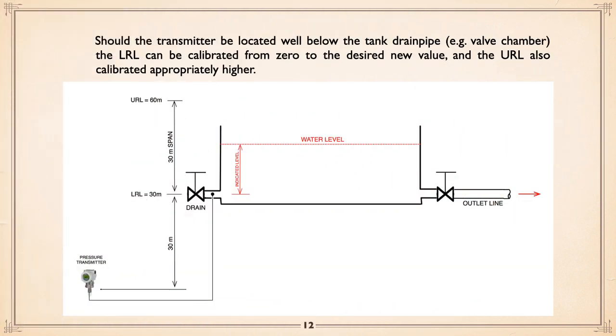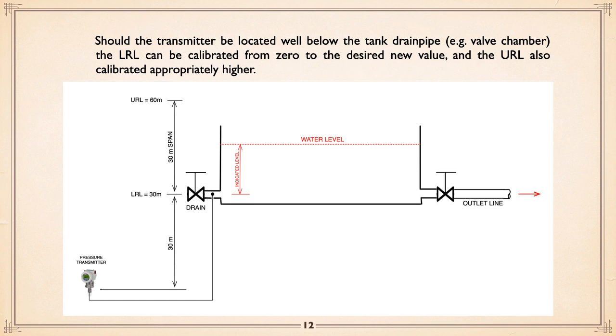Now, should that level transmitter be located well below the tank drain pipe, like in a valve chamber, the lower range limit can be recalibrated so that 0 is not at the pressure transmitter, but 0 is, in this case, 30 meters, which is the elevation of the drain connection.